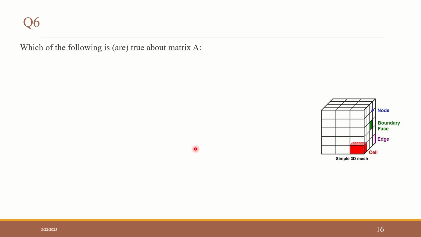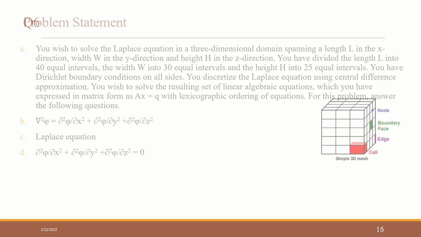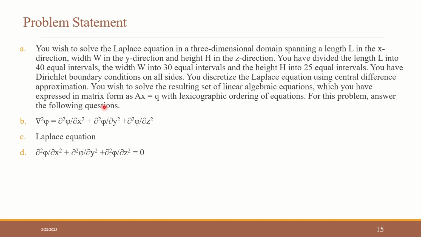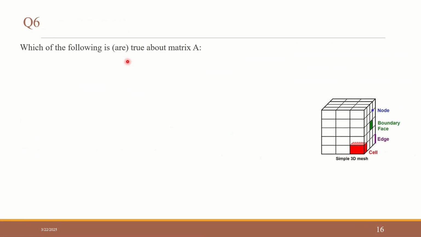Now when we move on to the question, what we got here is: which of the following is or are true about matrix A? Here we are discretizing and writing it in the form Ax equal to Q, where A is the coefficient matrix. Statement 1: it will have 9 non-zero diagonals.